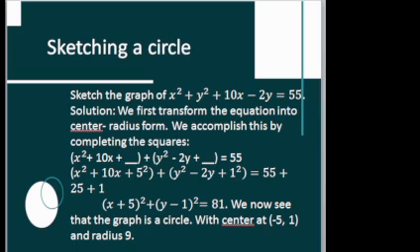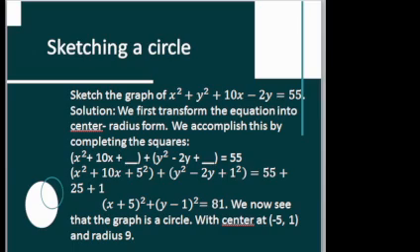And then at the other group, we have the y group. We have y squared minus 2y plus blank. And here, the b here is -2. So the half of -2 is -1. And you are going to square it.